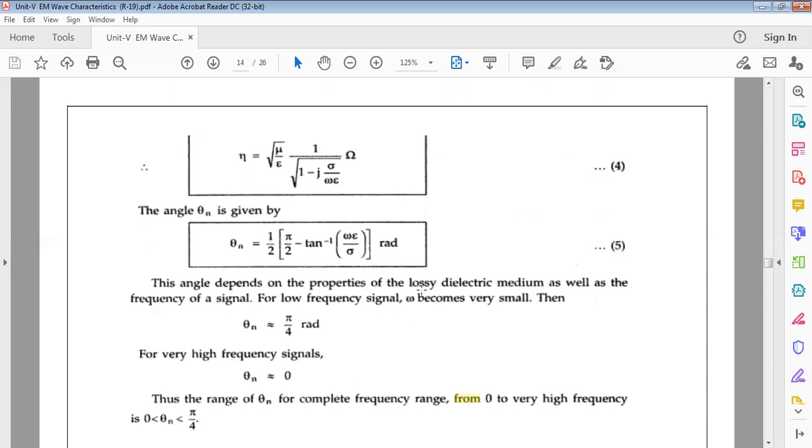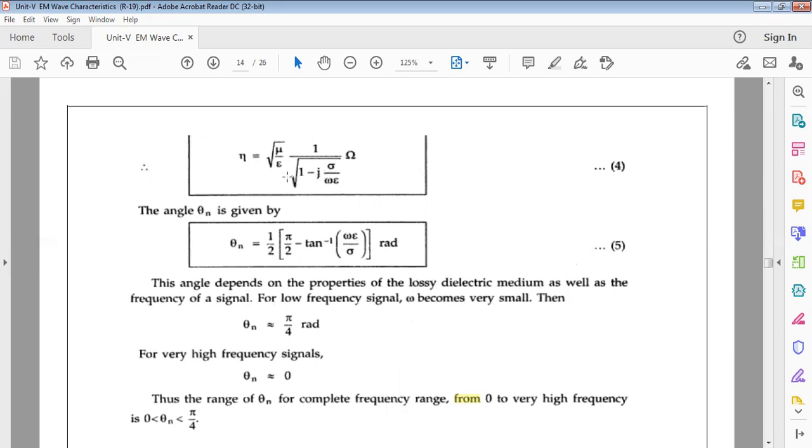This angle depends upon the properties of the lossy dielectric medium as well as the frequency of the signal. For a low frequency signal, omega becomes very small. Then theta n is equal to pi by 4.